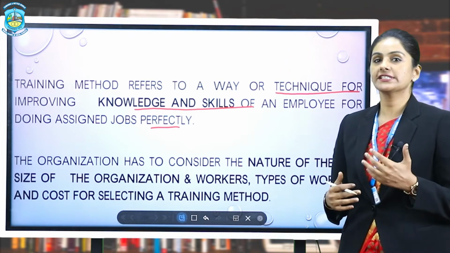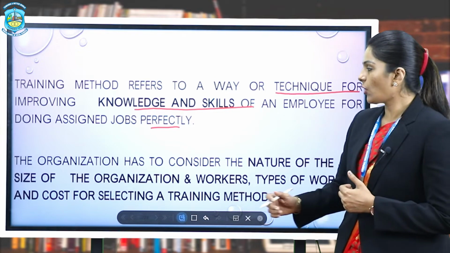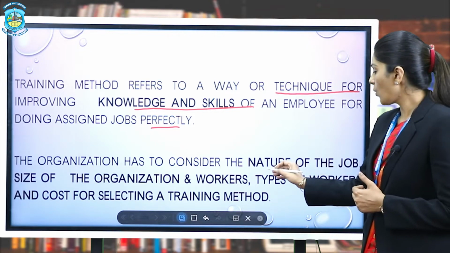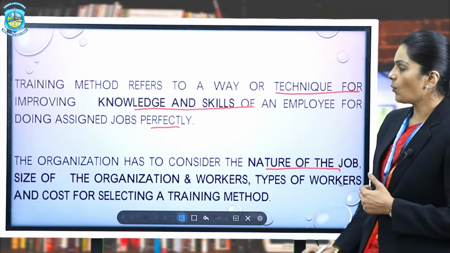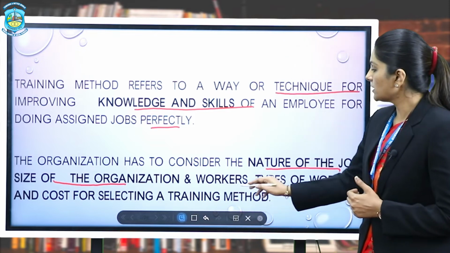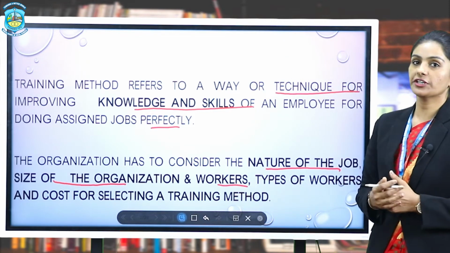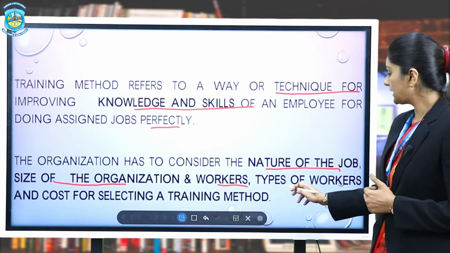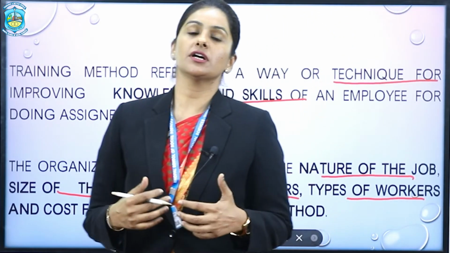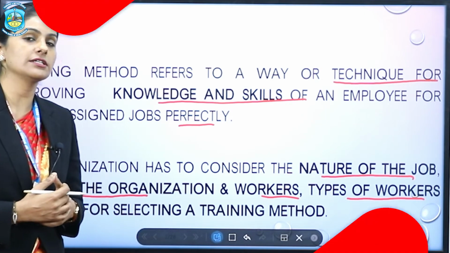Now, how do you decide the training method? The organization has to consider a few important factors such as the nature of the job, the size of the organization, the size of workers in the organization, and types of workers, and as per that the training method is decided.